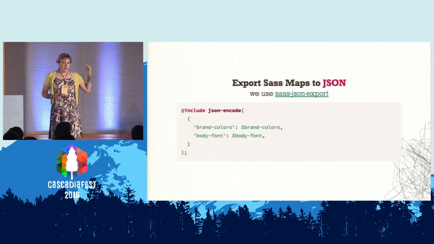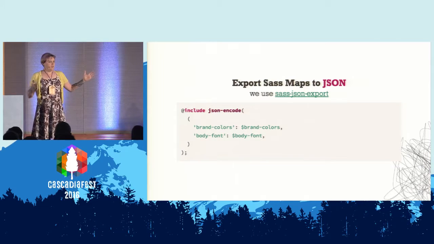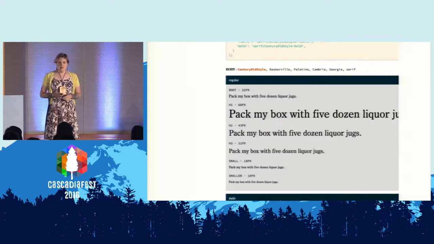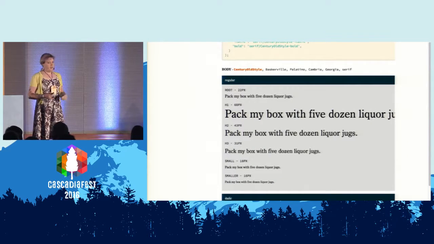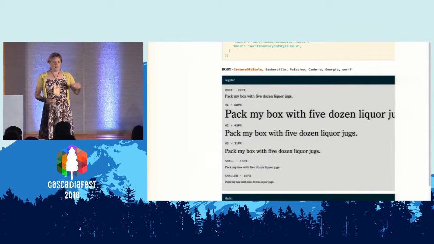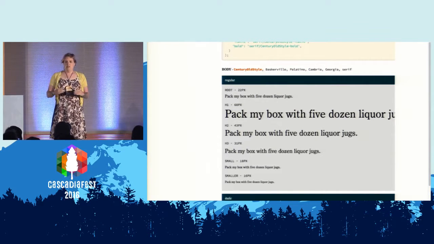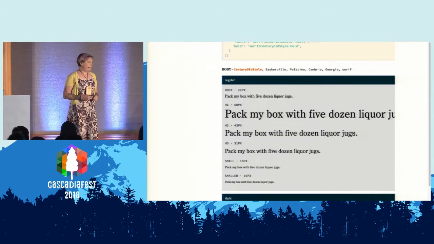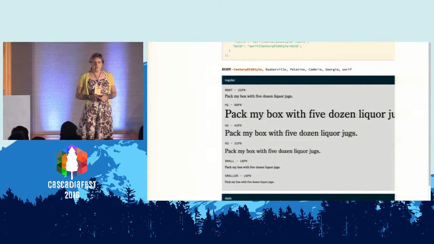And again, exporting through, this is how we get the data into Herman. We do a JSON export, and suddenly we have typography in our style guide, combining all of our sizes with all of our fonts and generating right away a font specimen.